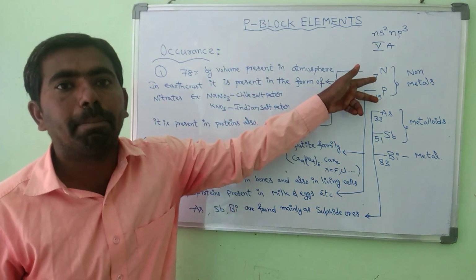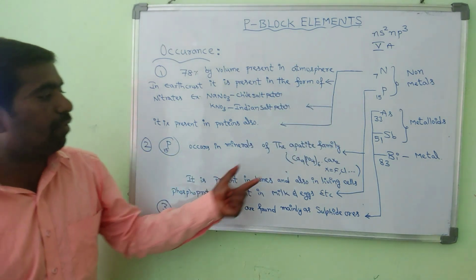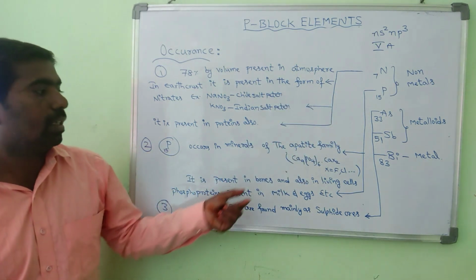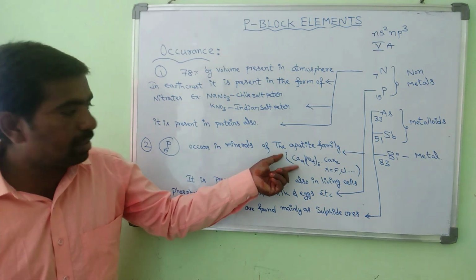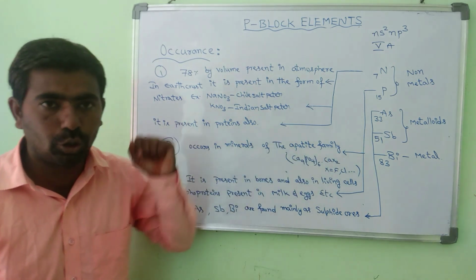The next element is phosphorus. It is present in the earth's crust in the form of the apatite family. The general formula of the apatite family is Ca9(PO4)6·CaX2.